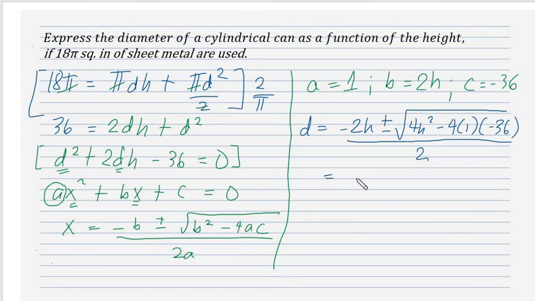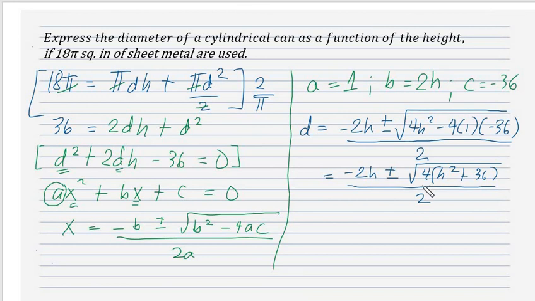Let's simplify further. So we have negative 2h plus or minus the square root of 4h squared. Then actually let's go ahead and factor out 4 inside the square root, and we will have h squared plus 36, all over 2.